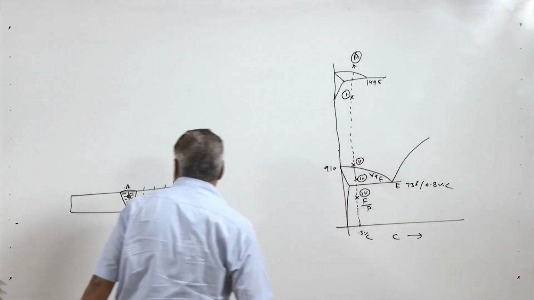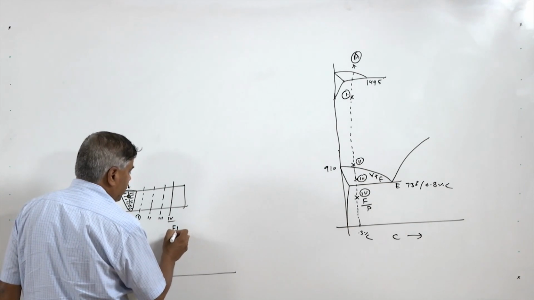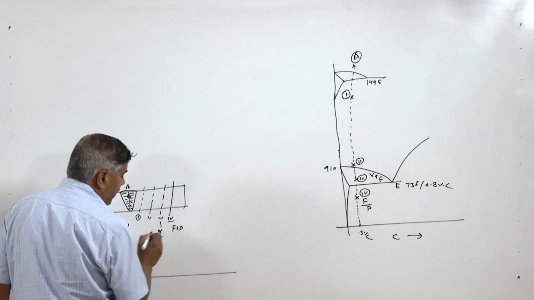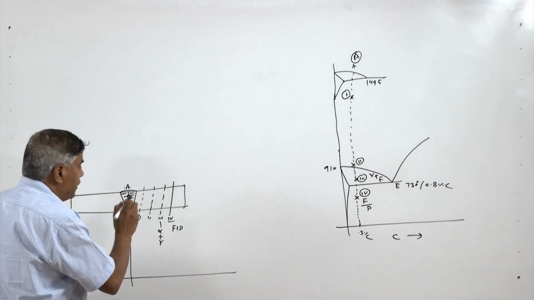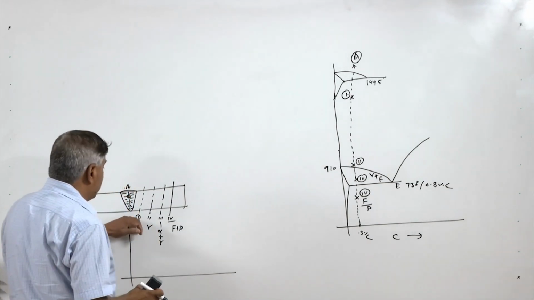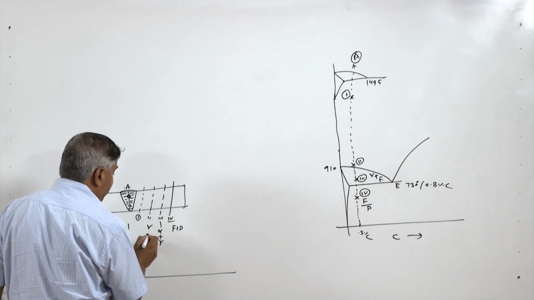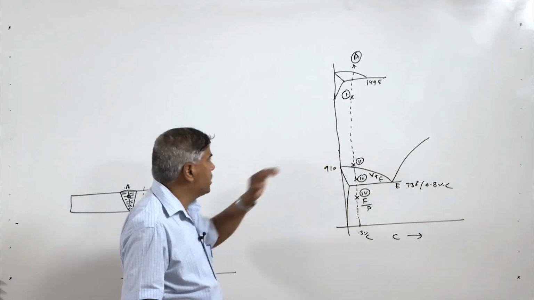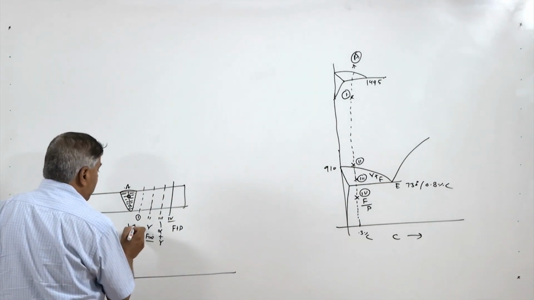So point 4 has the ferrite and pearlite, point 3 will have alpha plus austenite, means ferrite plus austenite, and point 2 will have just austenite. This austenite will be fine, because it is experiencing lower temperature, and the point 1 will be experiencing much higher temperature.